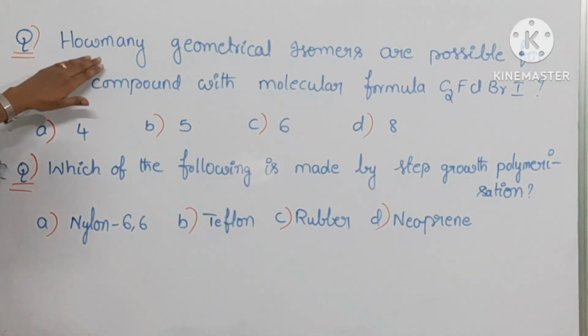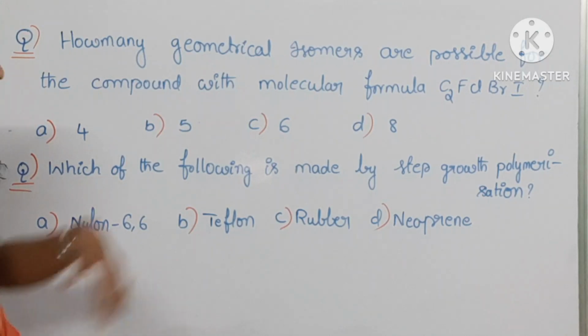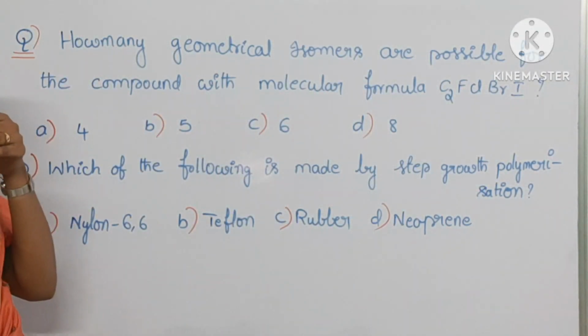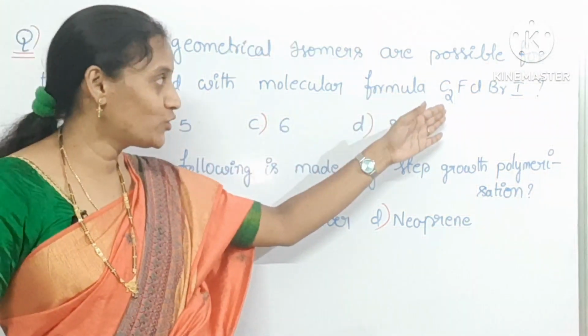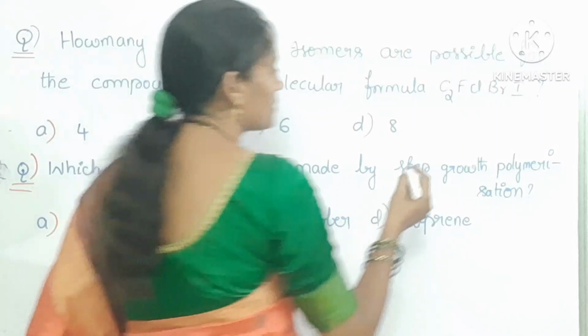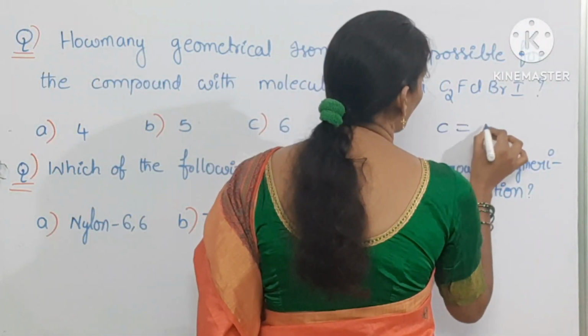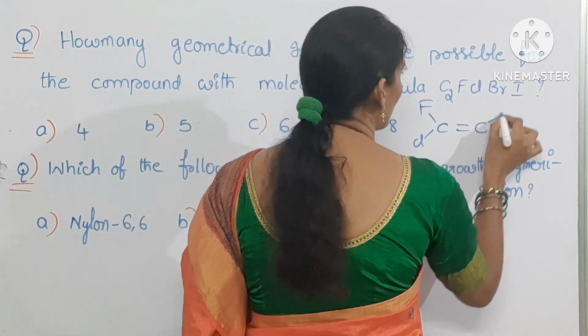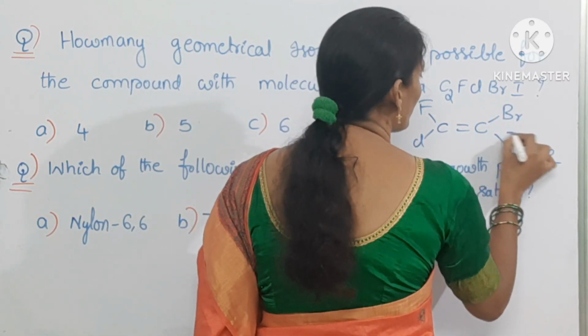In this question, how many geometrical isomers are possible for the compound with molecular formula C2FClBrI? You can write its structure: C=C, with fluorine, chlorine, bromine and iodine.